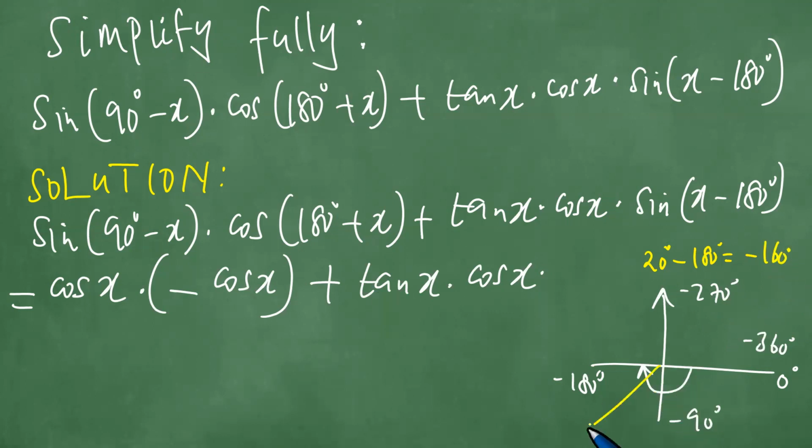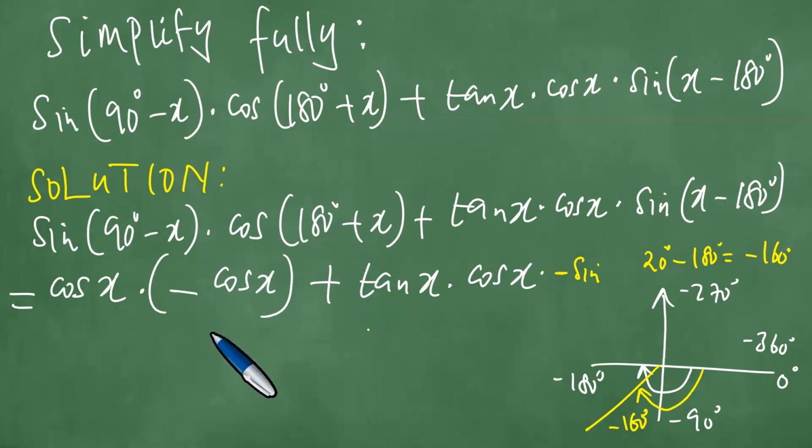So x minus 180 is in the third quadrant. In the third quadrant, which functions are positive again, Tando? It's tangent. The tangent to the sine is negative, negative the sine of x.